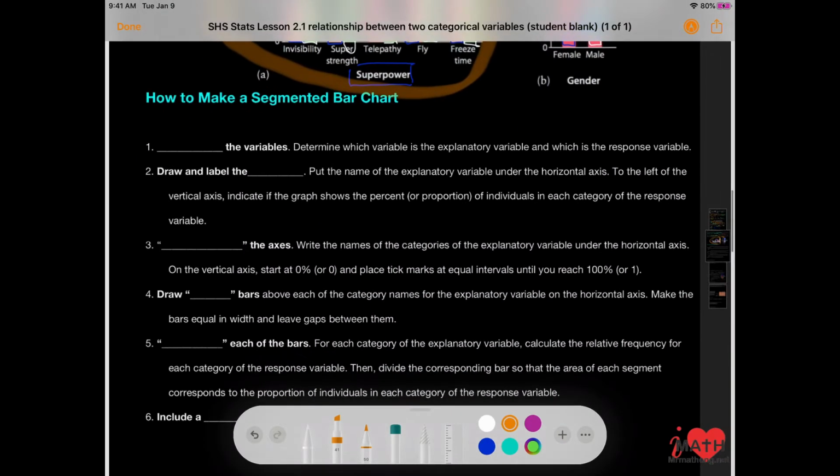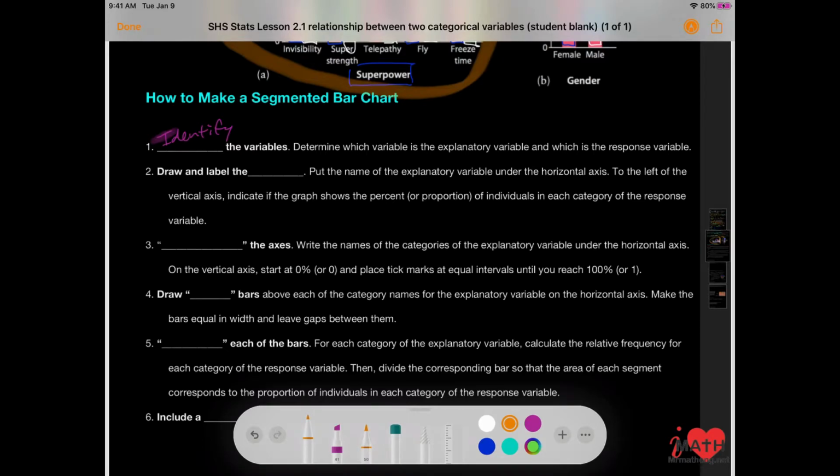So how do you make a segmented bar chart? Well, the first thing you're going to have to do is identify the variables. Determine which variable is the explanatory variable and which is the response variable.